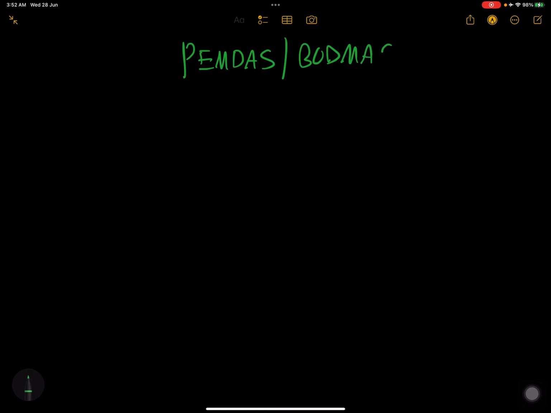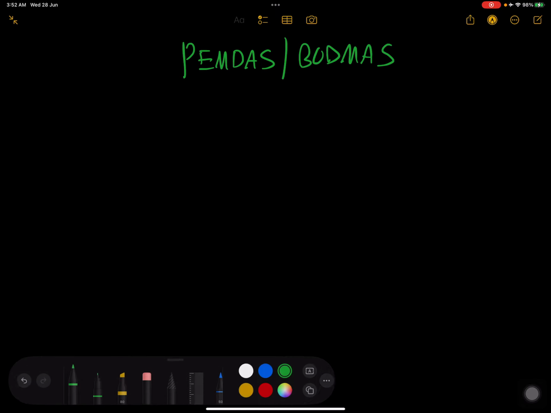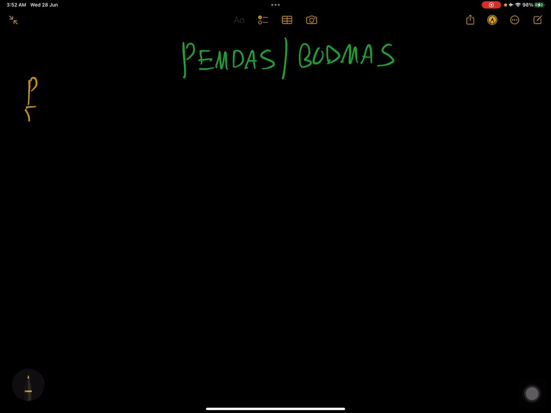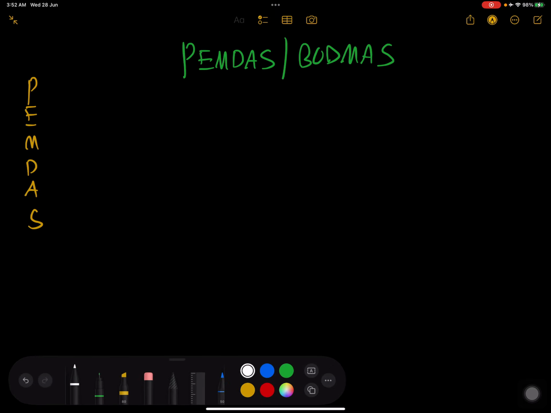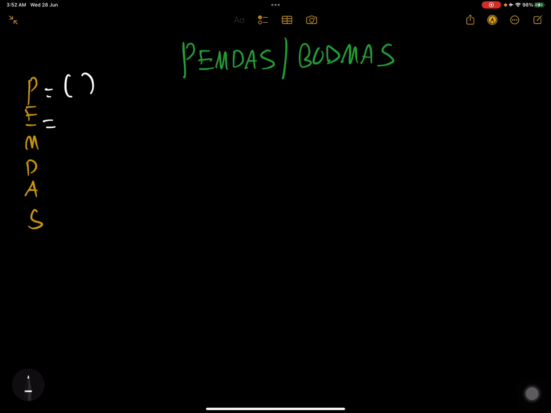Now we know what PEMDAS is, right? The P is the parentheses, the E is the exponent or power, and then we have multiplication, division, addition, and subtraction.